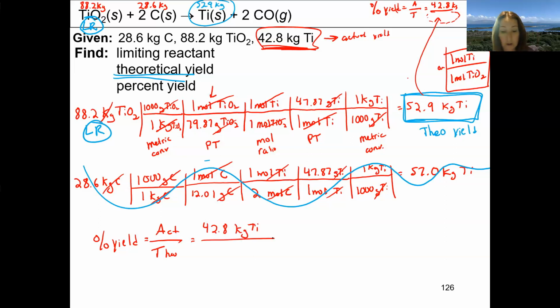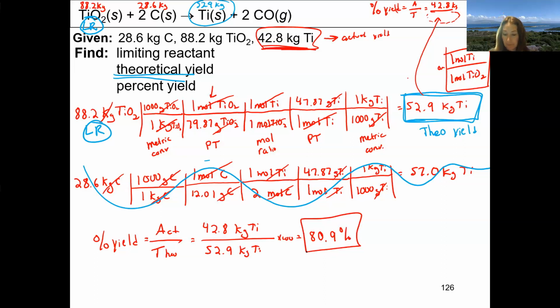Our theoretical is whenever you use your periodic table, whenever we use a mole ratio, those are always theoretical yields. 52.9 kilograms of Ti times 100. So 42.8 divided by 52.9 times 100. I got 80.9%. So that means I got about 81% yield.